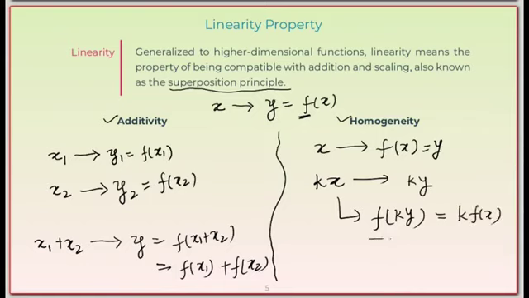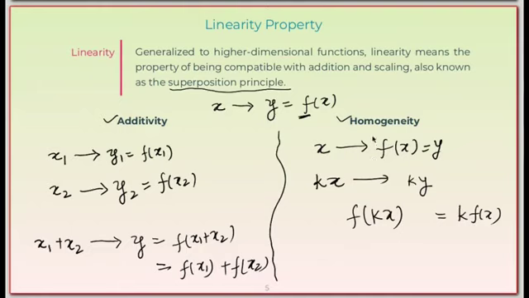So these two have to be satisfied: f of x1 plus x2 is equal to f of x1 plus f of x2, and f of kx should be equal to k times f of x.